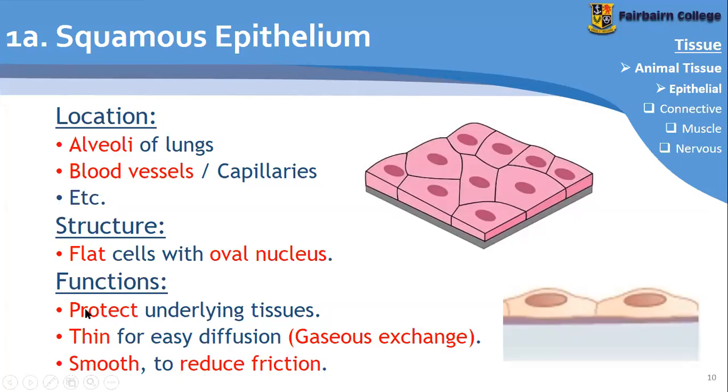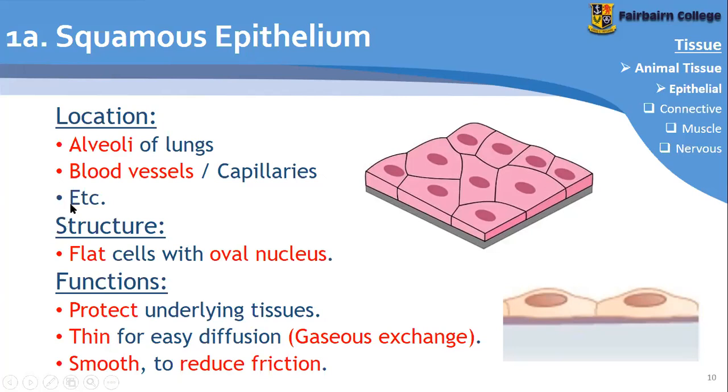Their function is to protect the underlying tissue, and also, very important, they are thin so that substances can easily diffuse into the cells. This allows for very efficient exchange of substances, specifically for gases to easily move in and out of the cells. And we call that gas exchange.